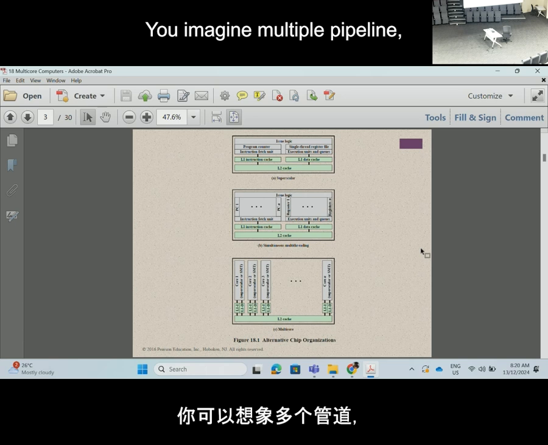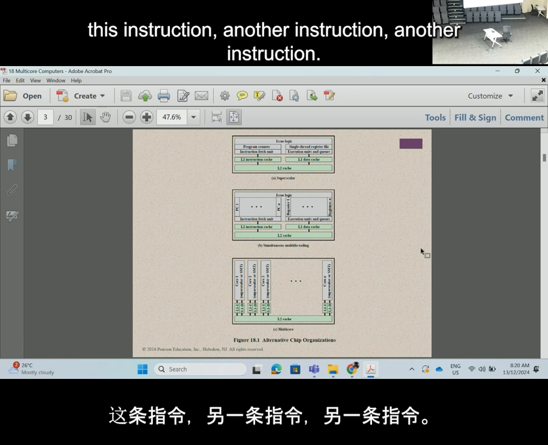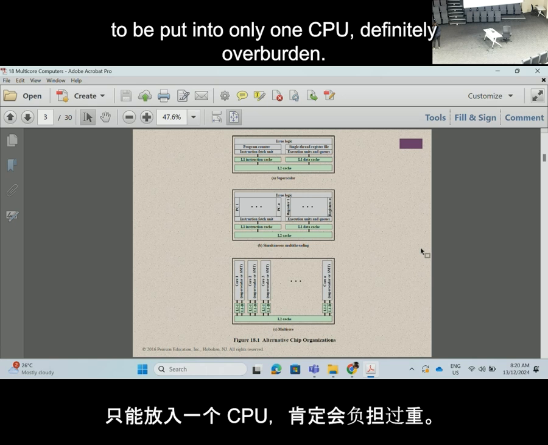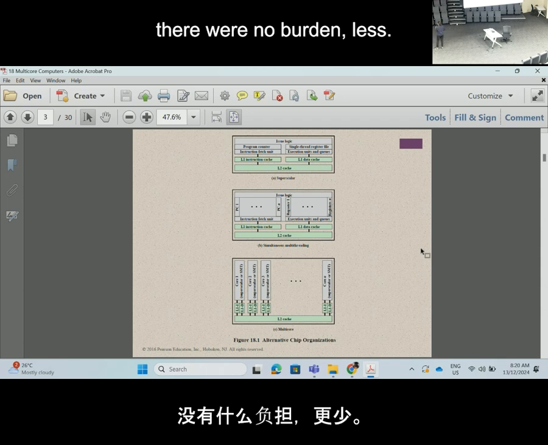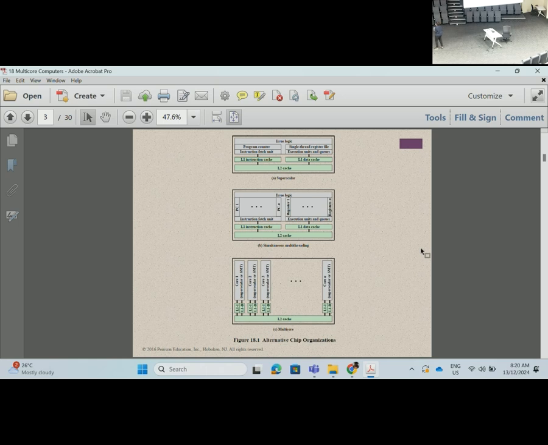Imagine multiple pipelines in one single processor: this instruction, another instruction, another instruction. Every instruction combined and put into only one CPU is definitely an overburden. So when you have more processors with the same architecture, there will be less burden. It's not going to be none, but it's less.